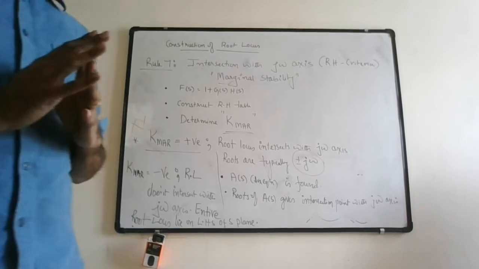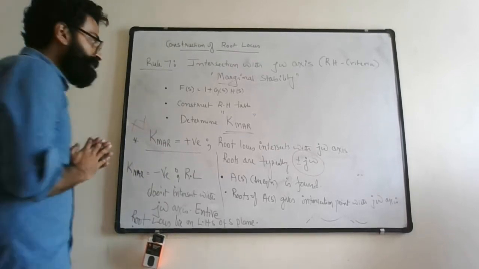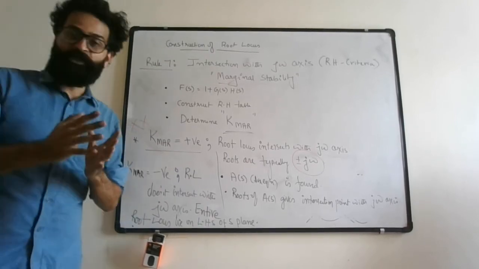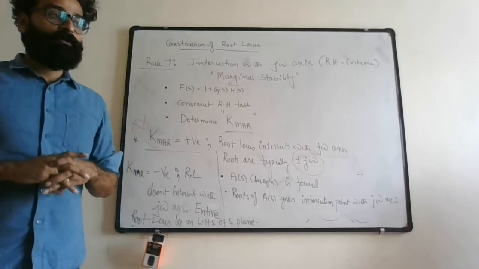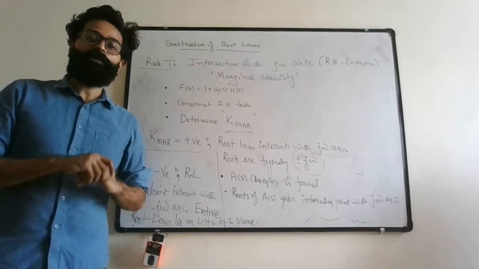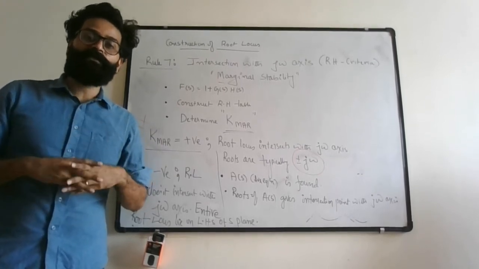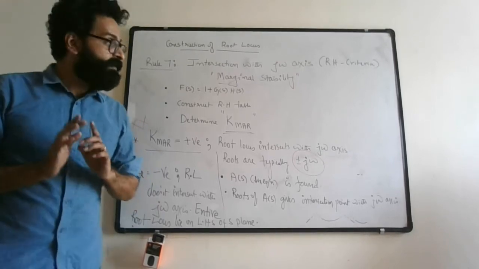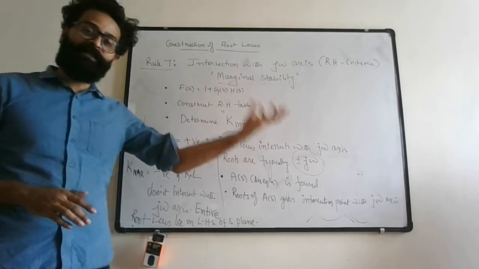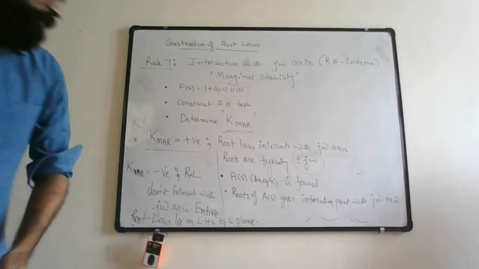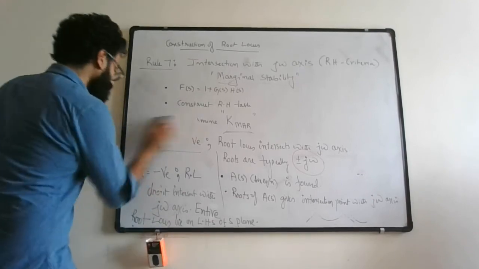Actually, for most of the problems, you can apply rule number 7. Now, there are special problems in which you will have complex conjugate poles and zeros. If your transfer function consists of complex conjugate poles and zeros, then only you are supposed to apply the next rule, which is rule number 8. Alright, so there are totally 8 rules.